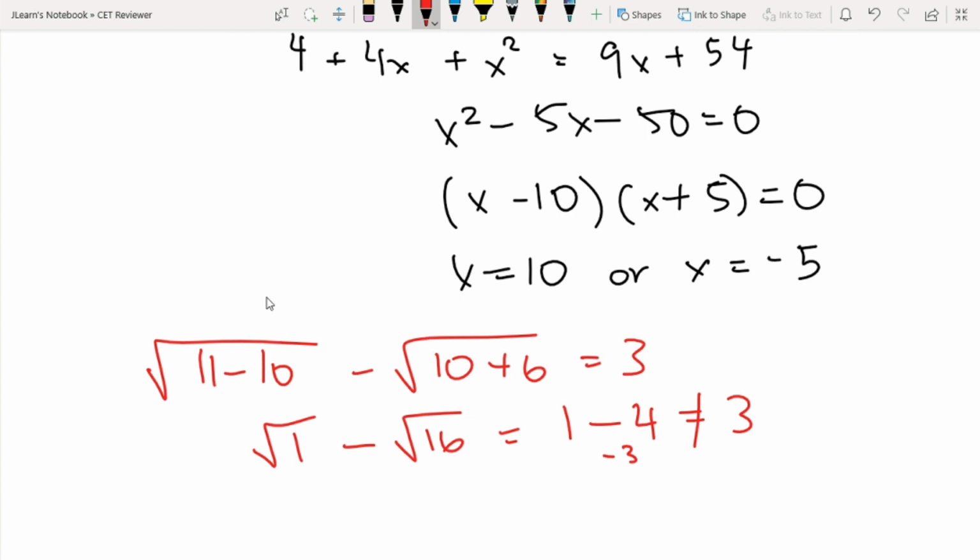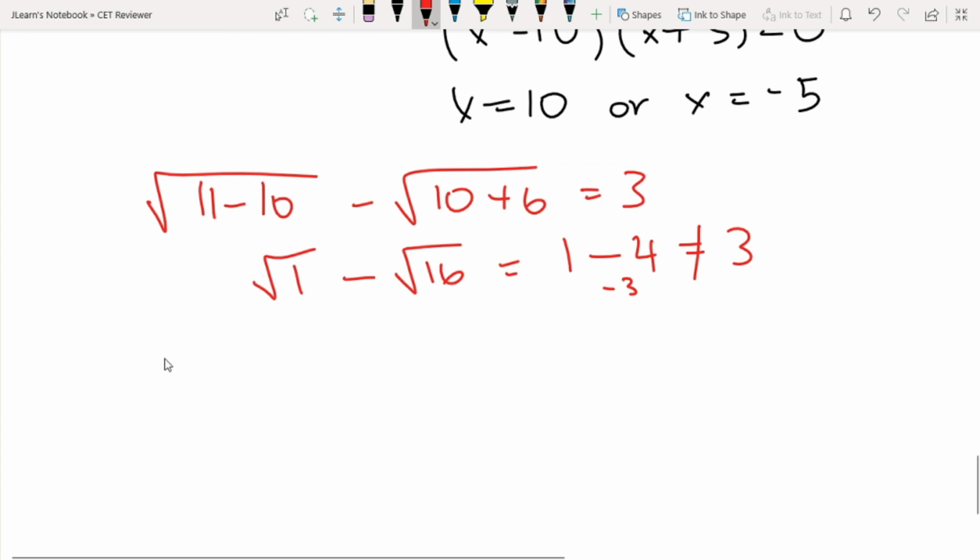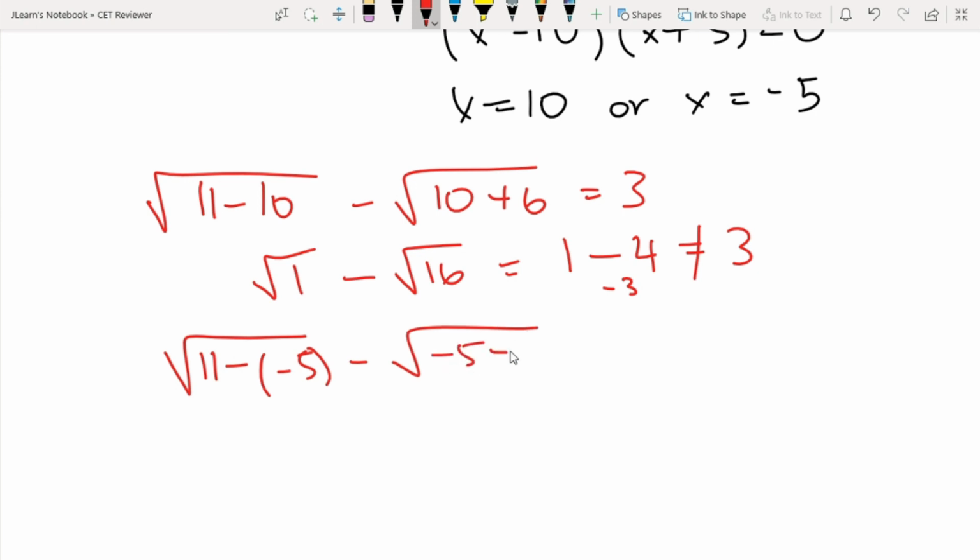So, let's try naman yung minus 5. Okay? Let's try negative 5. So, square root ng 11 minus negative 5 minus square root ng negative 5 plus 6 is equal to 3. So 11 minus minus 5, that will become 11 plus 5, which is square root of 16, minus square root ng negative 5 plus 6, so that will become square root of 1, is equal to 3.